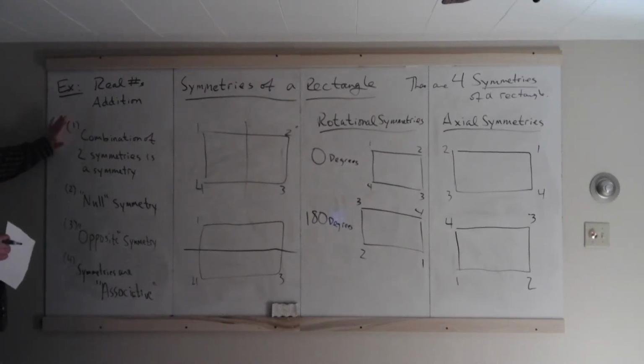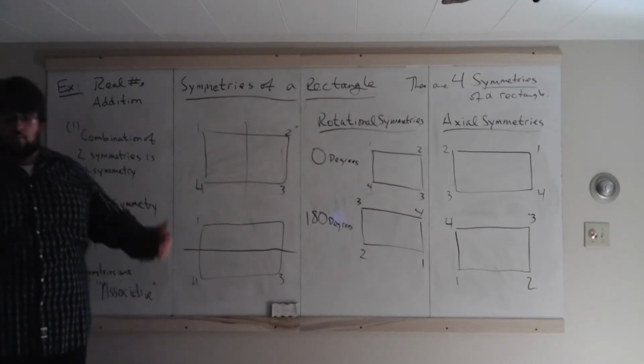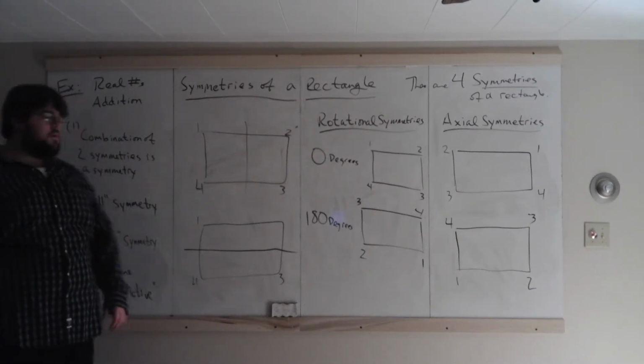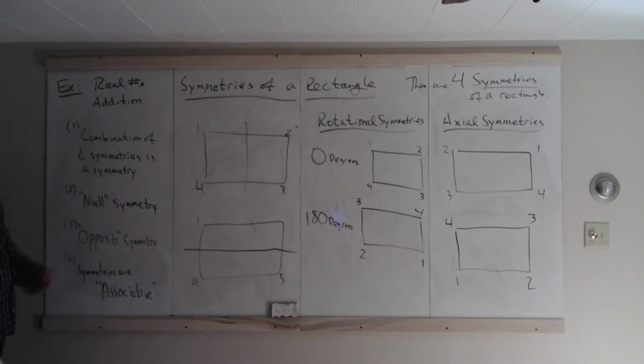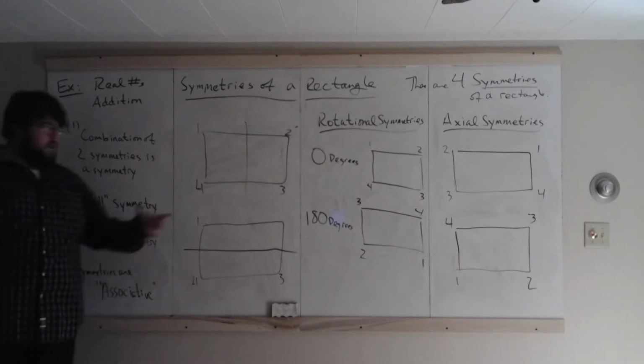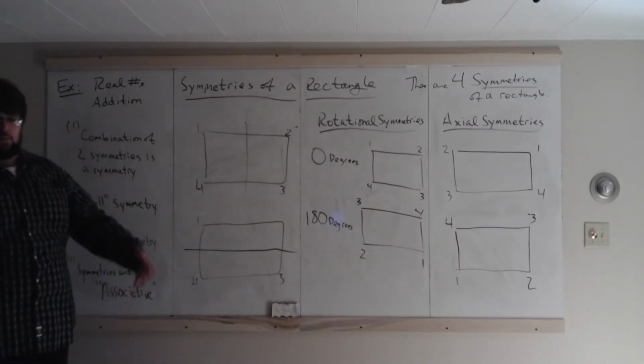Well, a real number plus a real number is a real number. Property 1. What about the null symmetry? Real number plus something not doing anything to it. Real number plus 0 does nothing to it. So there's our null symmetry. Opposite symmetry. Real number plus something else brings us back to 0. In this case, the opposite would be the negative number, because 6 plus negative 6 equals 0. That's what we mean by opposite in this context. Symmetries are associative. 1 plus 2, then plus 3 is the same as 2 plus 3 plus 1.